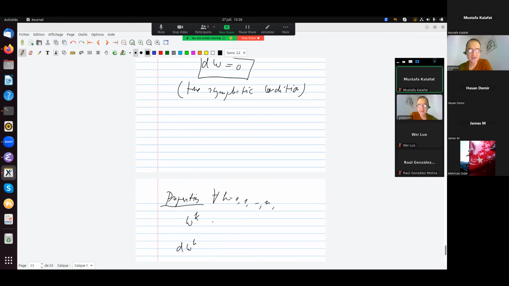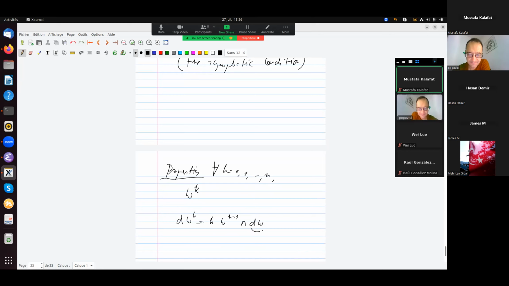Because omega is d-closed by definition, and d of omega to the power k is what? It is k omega to the power k minus 1 wedge d omega, but d omega is 0 by definition. So d of omega to the power k is also 0, and therefore omega to the power k defines a de Rham cohomology class, right? Being closed, it defines a de Rham cohomology class of degree 2k. So it lives in H^2k de Rham of X, C.